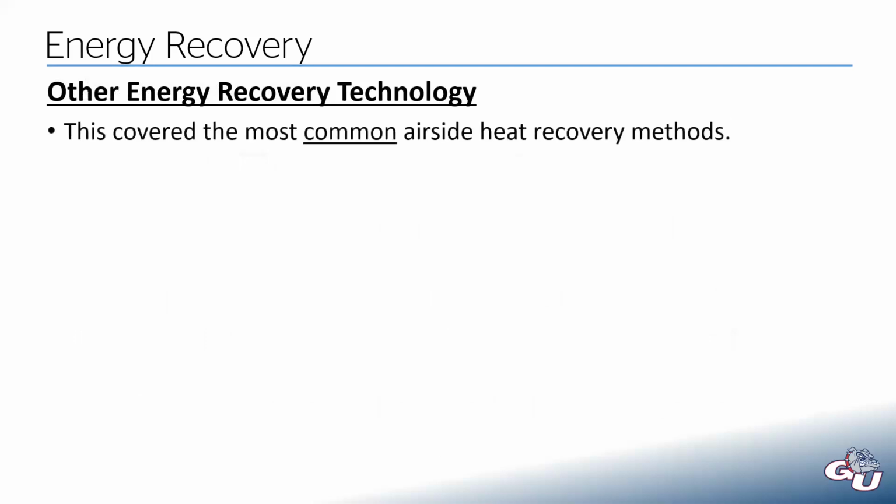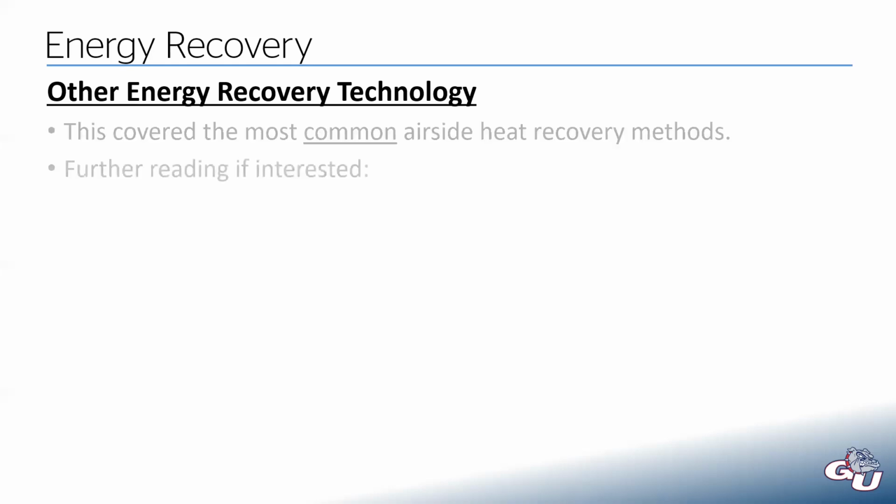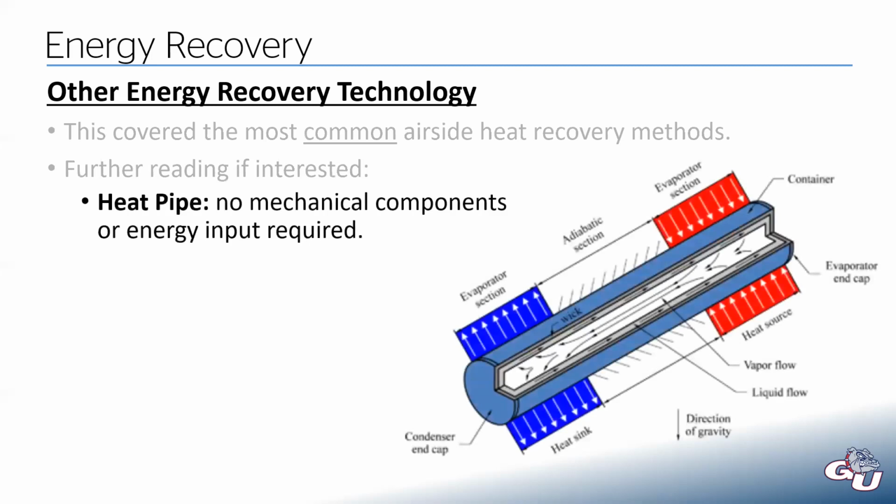So we've talked about the most common heat recovery methods. A couple other ones are worth briefly talking about that are much less common, but you might find kind of interesting. There's one called a heat pipe, which is a little unique because there's no mechanical components and no input energy required.